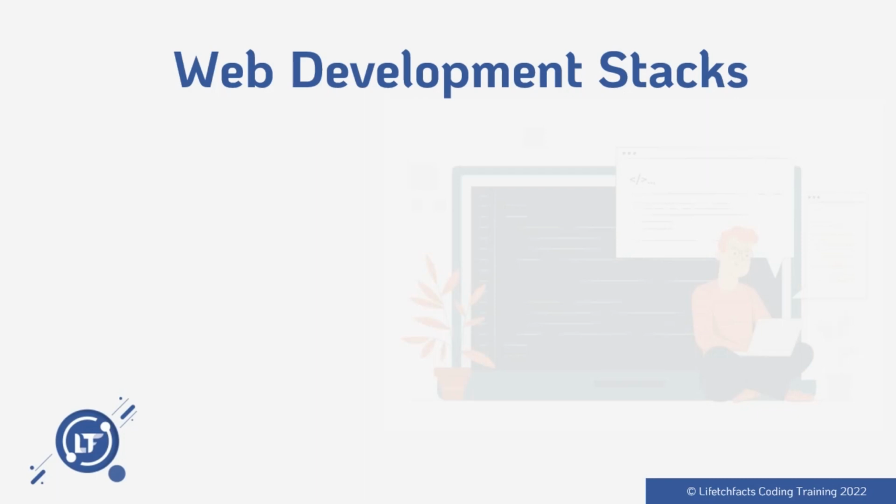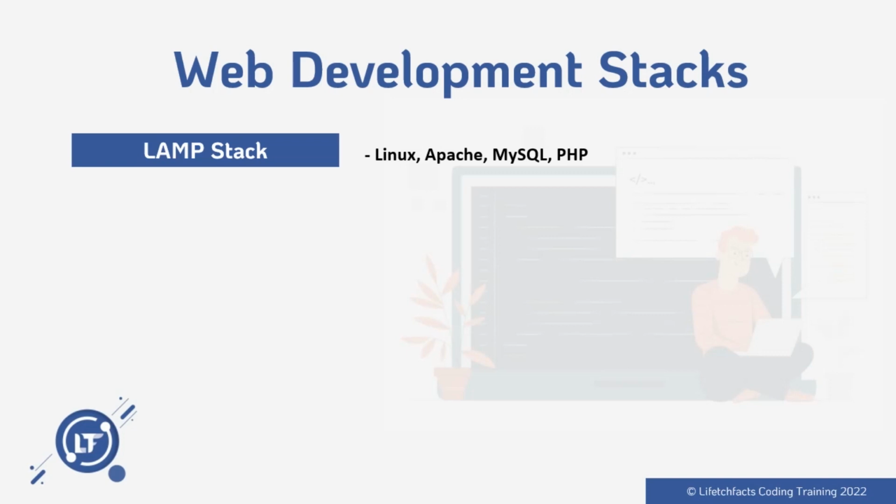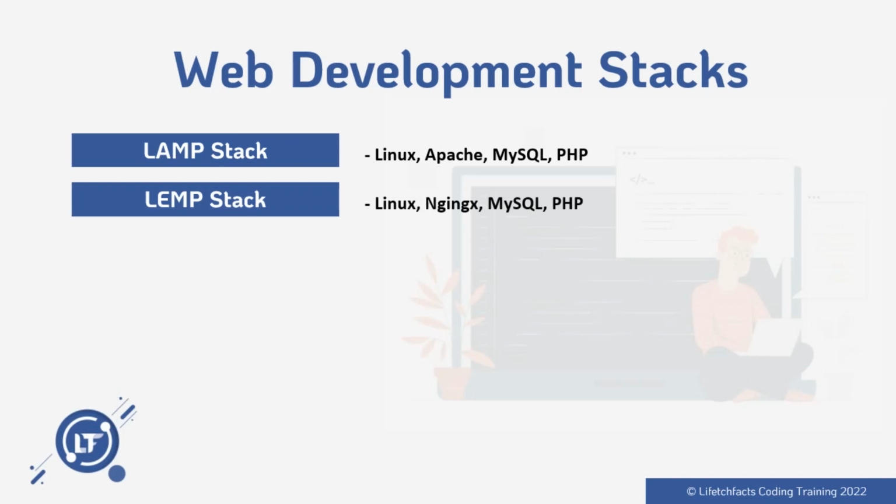Okay, and web development stacks usually combine both front end and back end, so technologies in front end that are compatible with those of back end. Let me start with LAMP: Linux, Apache, MySQL, and PHP. And then we also have another LAMP variant, which is Linux, Nginx, MySQL, and PHP. Now these two stacks are very popular.